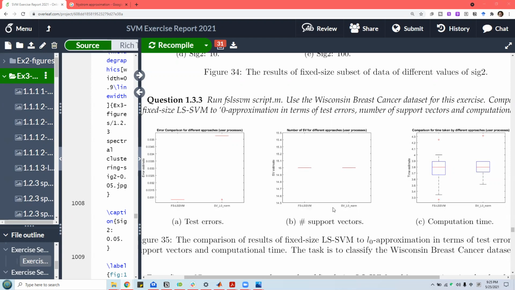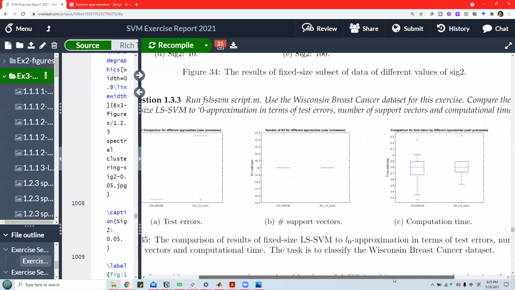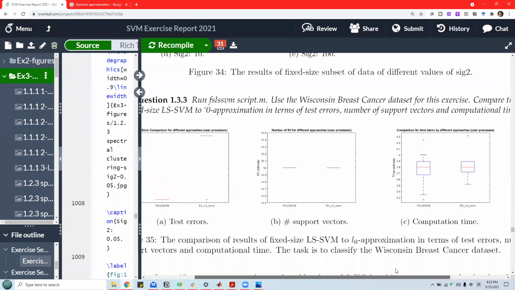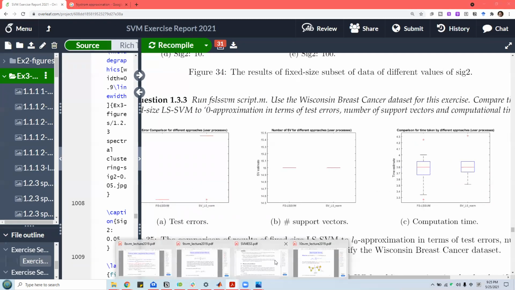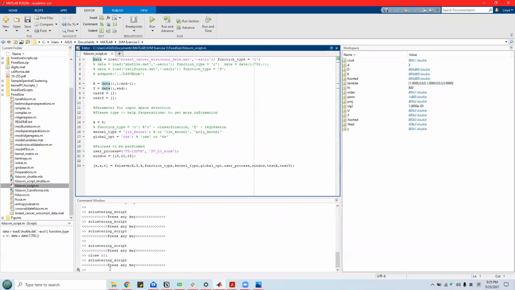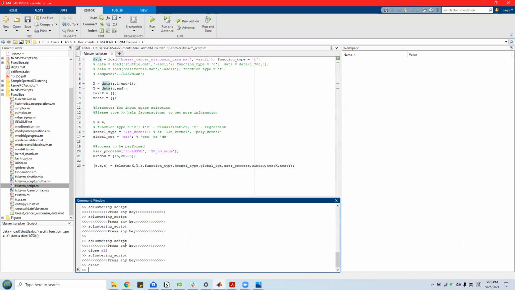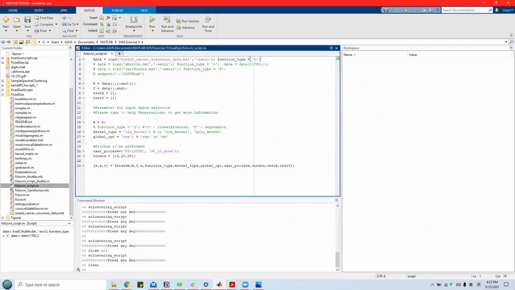And the Wisconsin breast cancer, I don't know the size of this data set. Let me quickly check this.